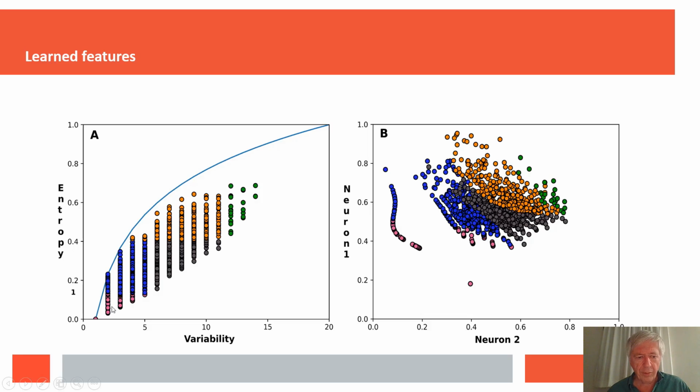So these here the colors are nicely separated, pink, blue, gray, orange, green, and here it is pink, blue, gray, orange, green. So it looks as if entropy and variability, just with different separators, is coming nicely back from this method that didn't know what it was doing. This is just totally unsupervised.